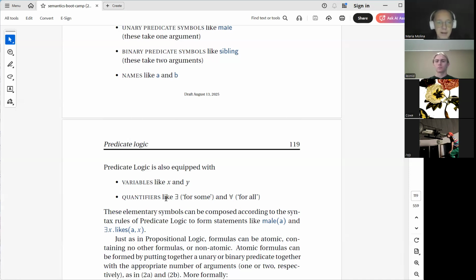And we have quantifiers. It's kvantory in Russian. Quantifiers: existential quantifier and universal quantifier. Existential quantifier for some, universal quantifier for all, for everyone.